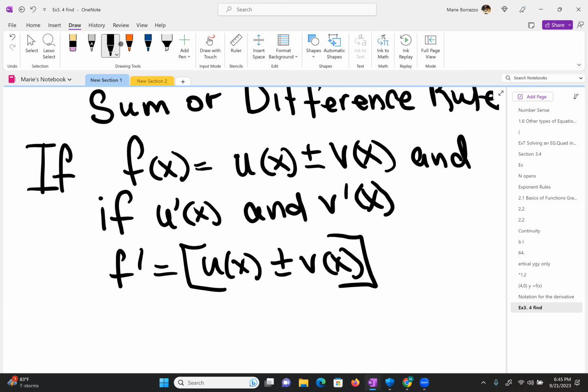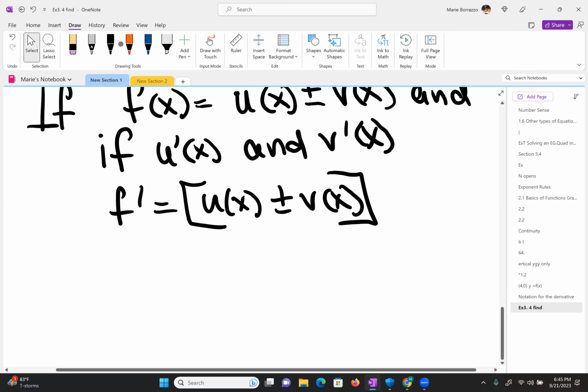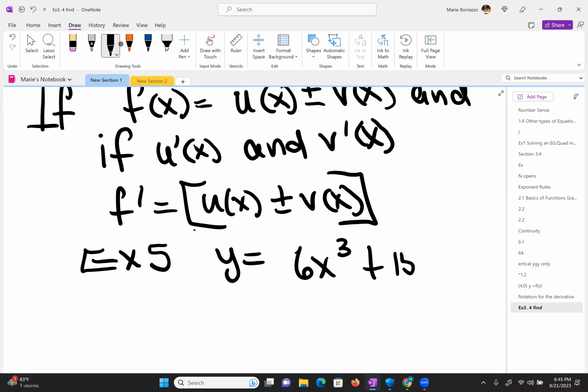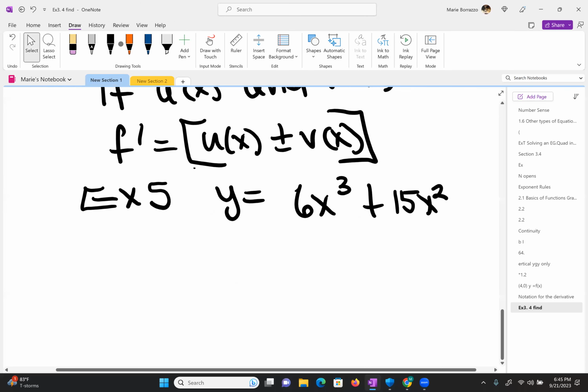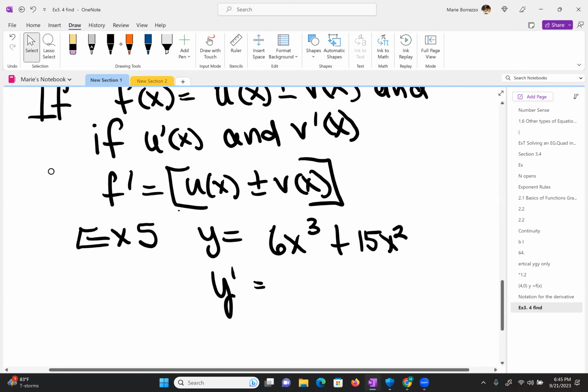So to give us some examples, they could say something like example 5, where they give us y equals 6x cubed plus 15x squared. All we need to do to find that first derivative is simply find the derivative of each respectively, which is basically what this formula says.